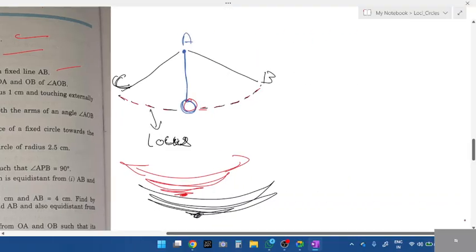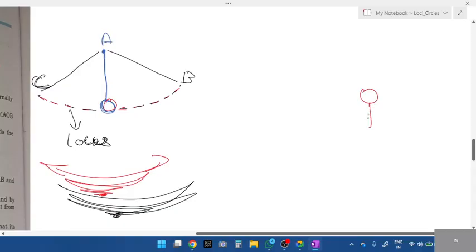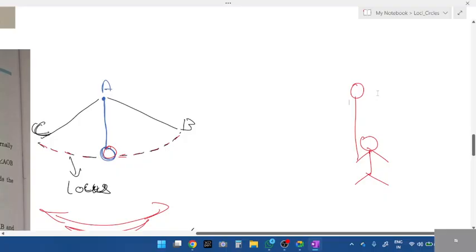Okay, now the same string. Think you are holding it, student. Some person is holding the same string in the upward direction and is trying to rotate it. This pendulum will rotate in a circular direction like this. Can you just imagine if you're holding a pendulum and trying to rotate it?